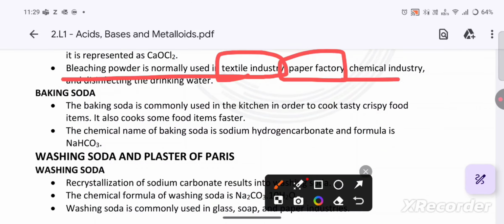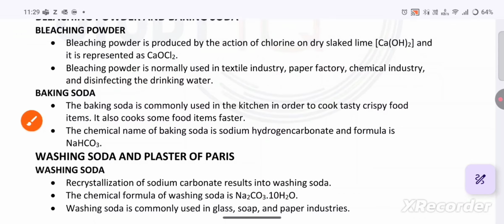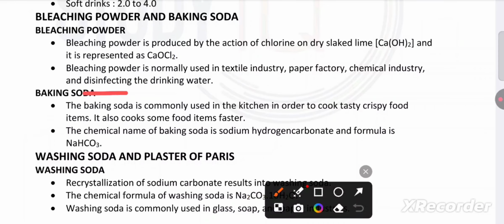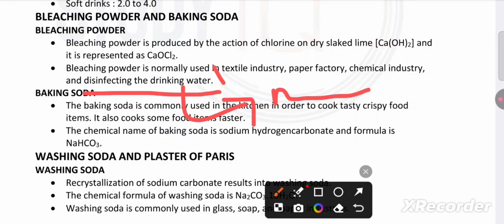paper factory, chemical industries, and very important, guys, disinfecting drinking water. We know the corporation will come and put bleaching powder in our tank. Textile, okay, like some textile shops in our hometowns, right?